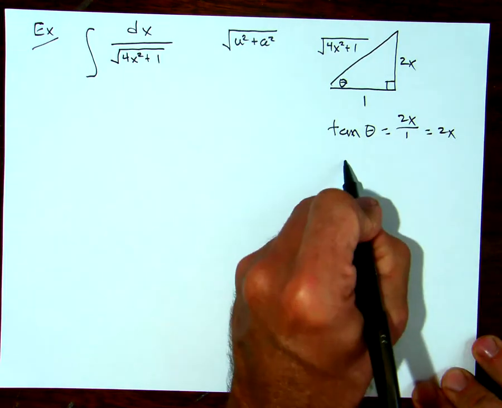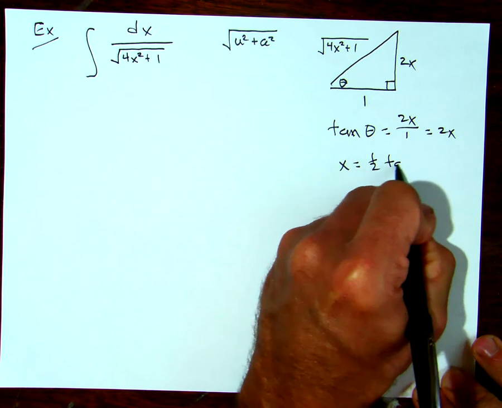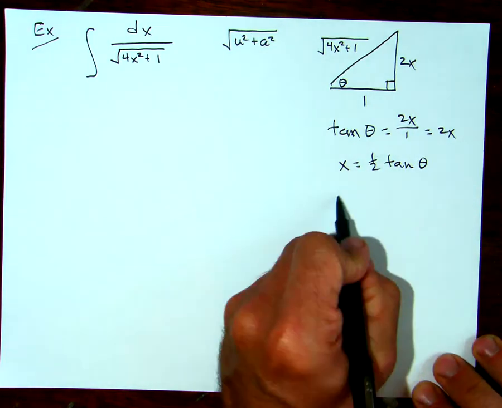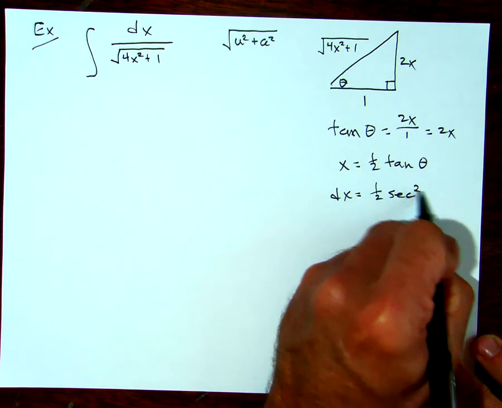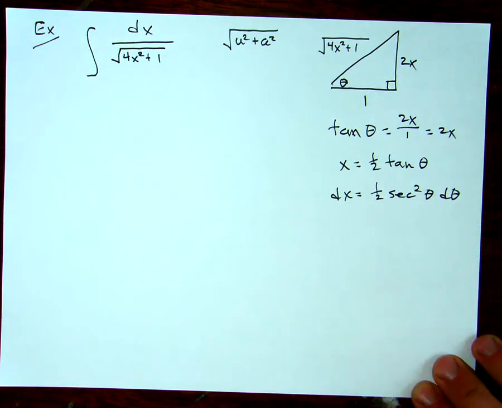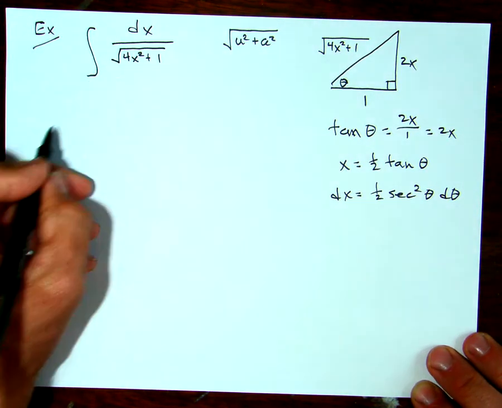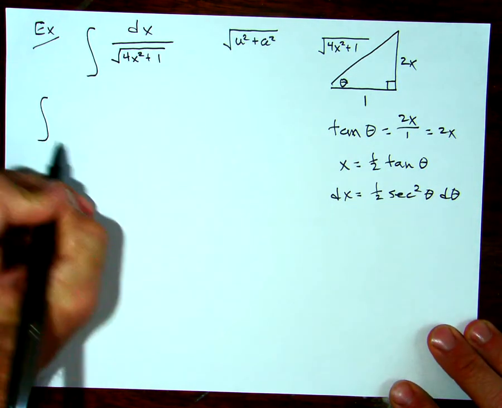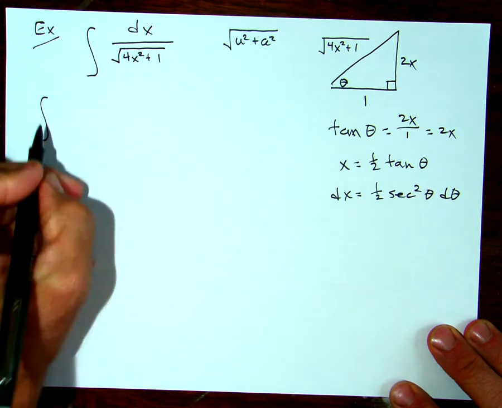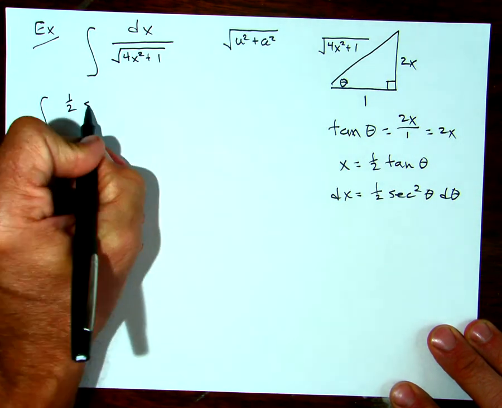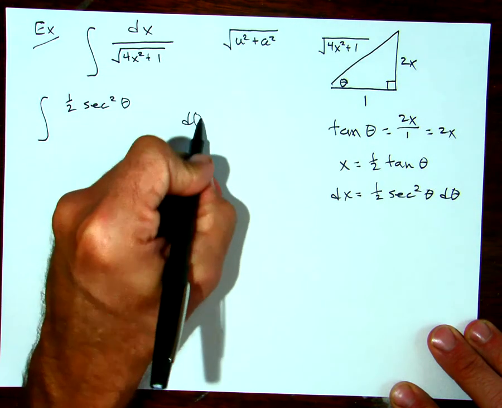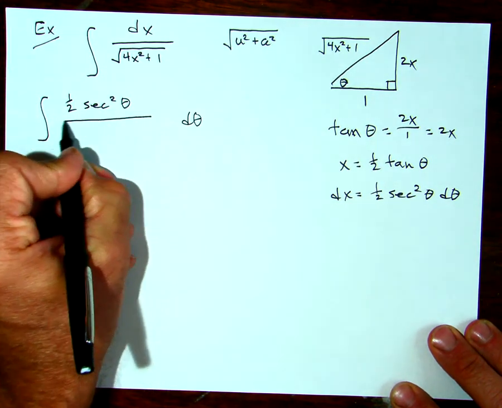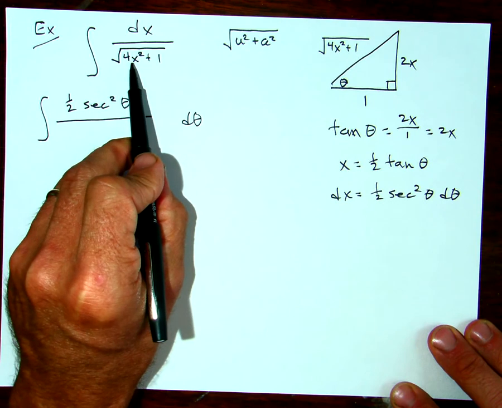So x equals 1/2 tangent of theta, and dx equals 1/2 the derivative of tangent, which is secant squared theta d theta. All right, so there is my substitution. So let's go ahead and put that in here then. So I've got the integral, we said dx, I'm just going to put it in for right now, 1/2 secant squared theta d theta, over 4x squared.